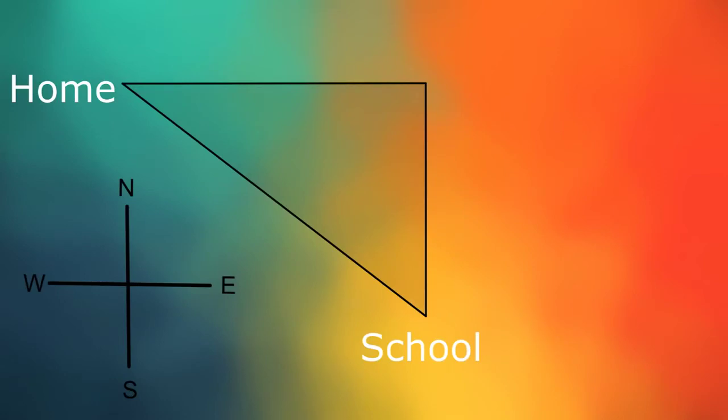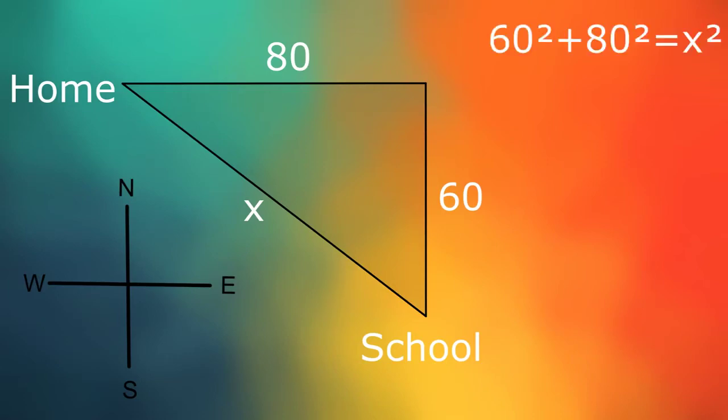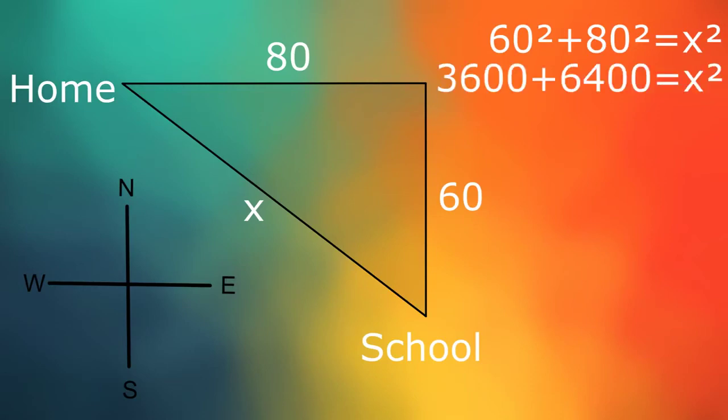John leaves school to get home. He walks 60 meters north and then 80 meters west. How far is John from school? As you can see, we can use Pythagoras' theorem to calculate this. 60 times 60 equals 3600, and 80 times 80 equals 6400. 3600 plus 6400 equals 10,000.